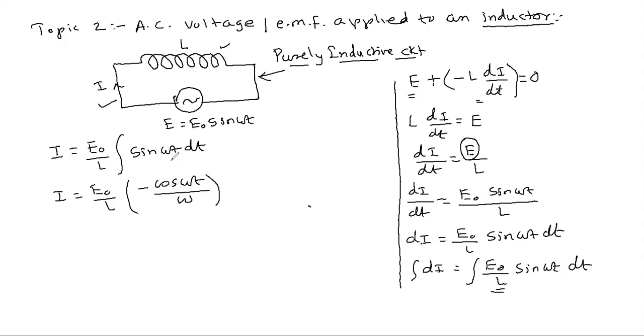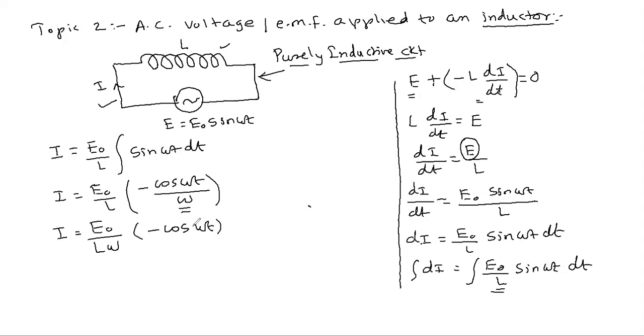So here I can write I is equal to, be careful onwards, E naught upon L omega, and minus cos of omega t.